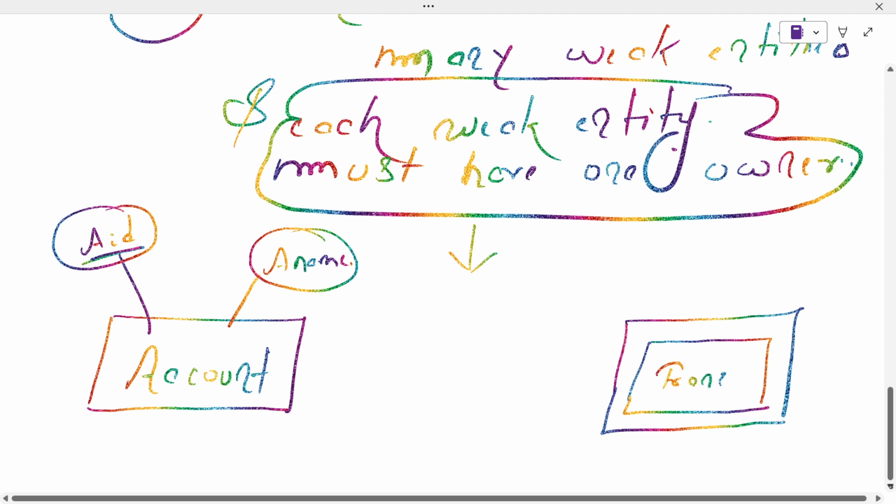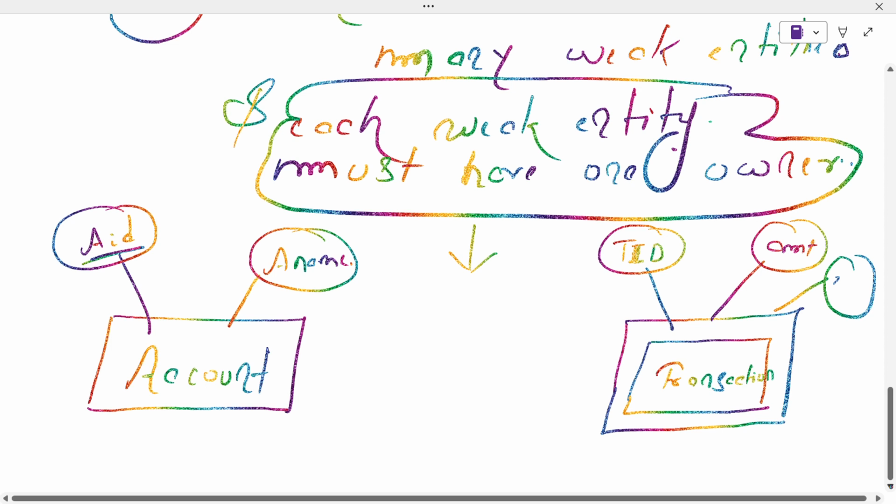Because it has attributes like TID, transaction ID, and there should be an amount, and there's one more attribute, let's say, the status in which this transaction has taken place.